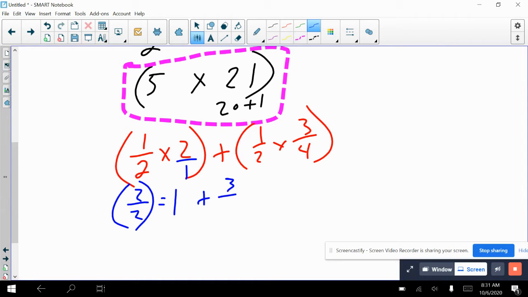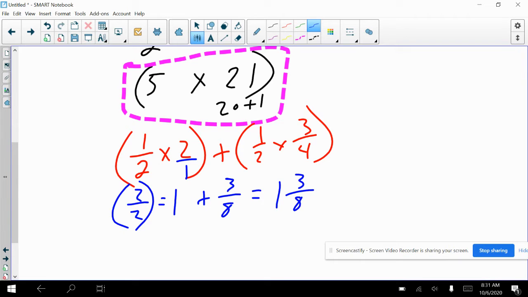So here we simply get 3/8. And when we put them together, we get 1 and 3/8. Okay, now that is a fairly easy distributive property using mixed numbers.